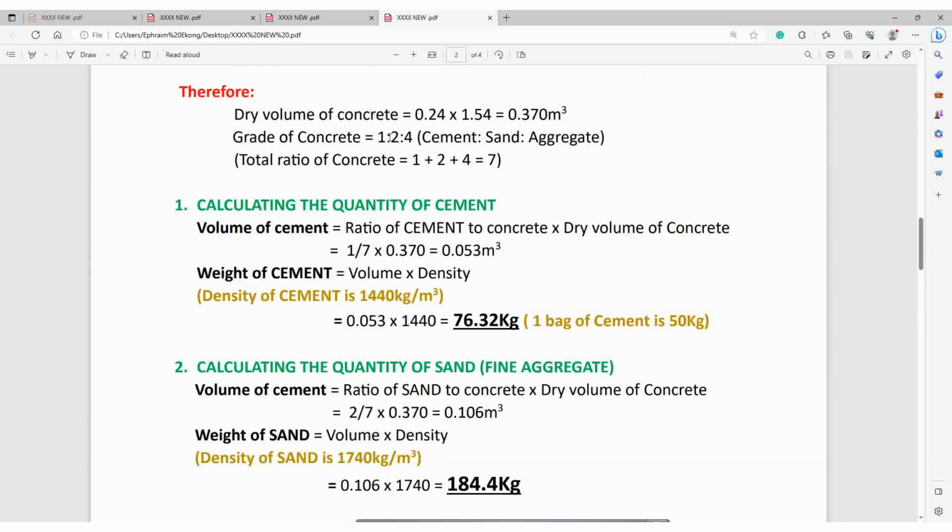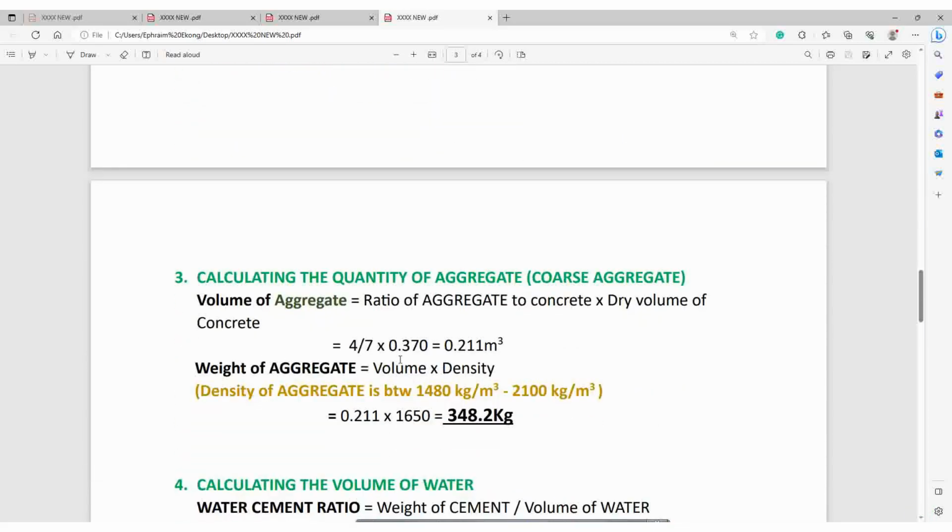It came from here, 4. So we are dealing with aggregate. 4 over 7 multiplied by the dry volume of concrete, known as 0.370, we have 0.211 cubic meters. That is our volume of aggregate.